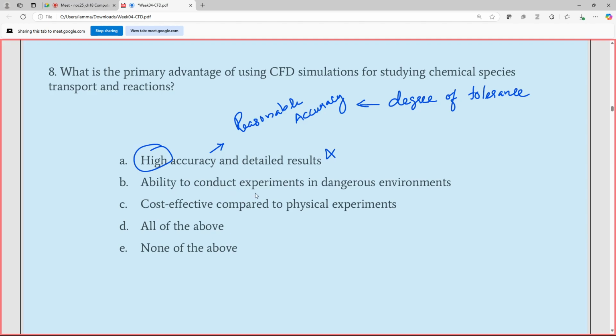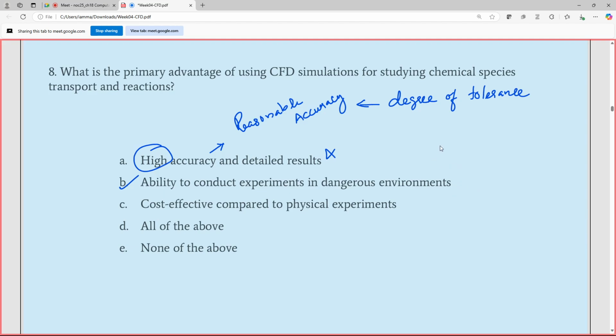Moving to the next option, ability to conduct experiments in dangerous environments. This one is true because we can experiment with dangerous chemicals and species with CFD without spending much and also being safe.